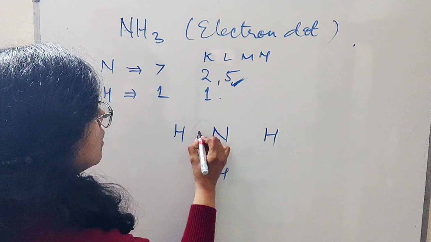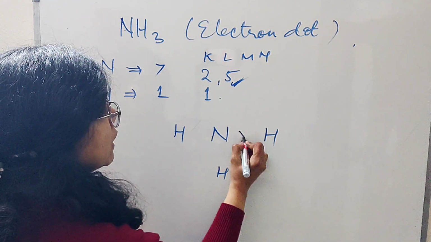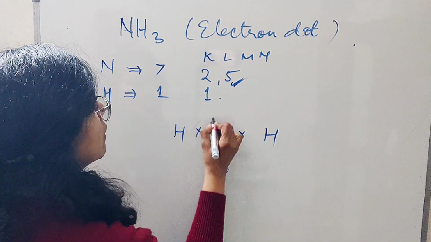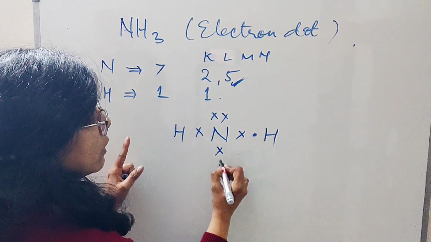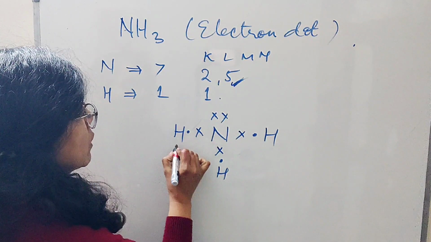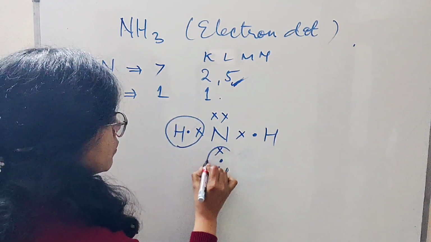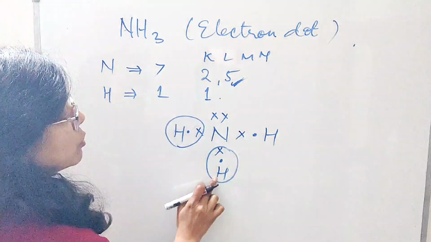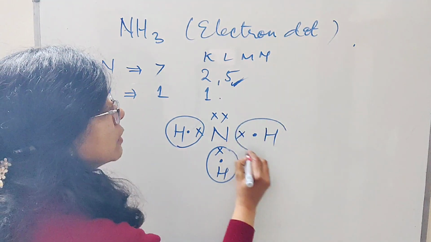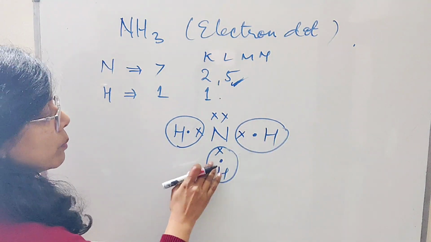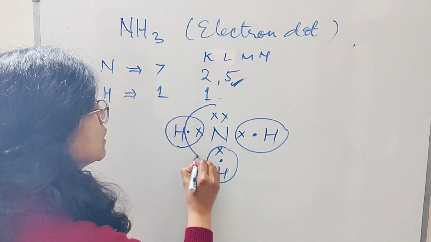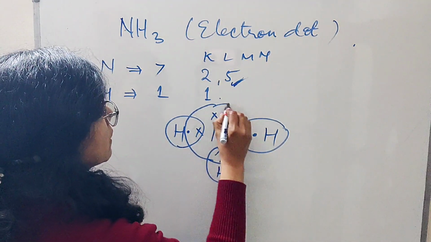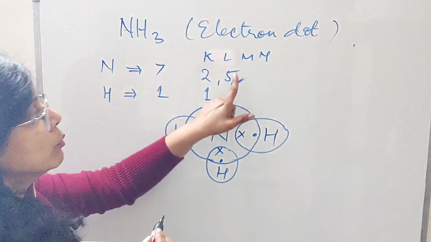I am making them here: 1, 2, 3, 4, 5, and each hydrogen has 1 electron. Now with each hydrogen it becomes 2, so the duplet is complete with hydrogen. And what does nitrogen want? 8 in the outermost shell to complete its octet.